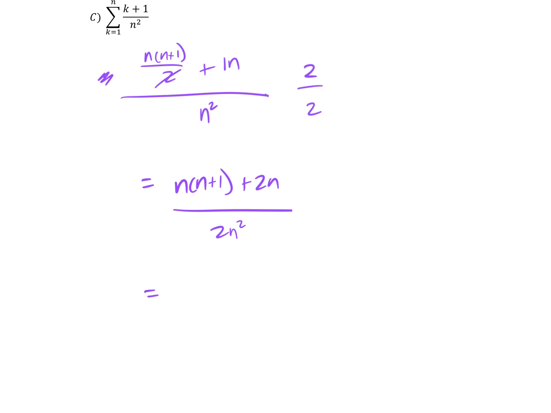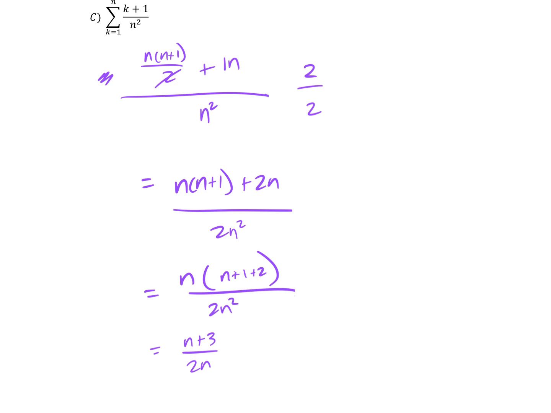Take out an n. If I take that n out, I would have n plus 1 plus 2 over 2n squared. Cancel out. So I have n plus 3 on top and 2n on the bottom.